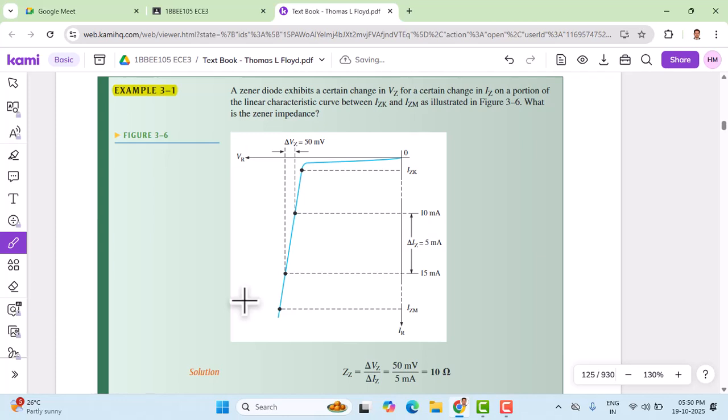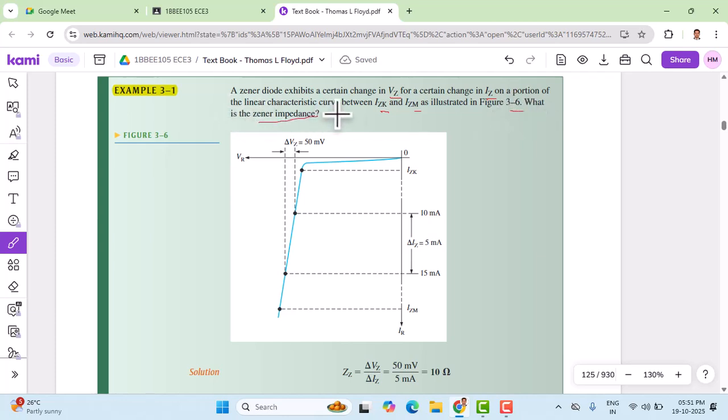One example illustrates whatever we have discussed in the previous section. A Zener diode exhibits a certain change in VZ for a certain change in IZ on a portion of the linear characteristics curve. This is a linear characteristics curve between IZK and IZM, as illustrated in figure 3.6.